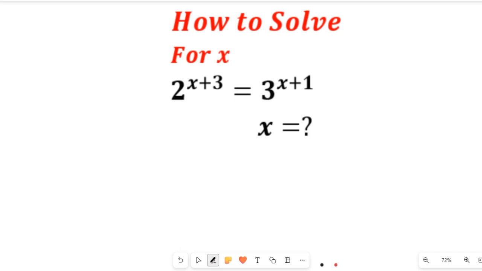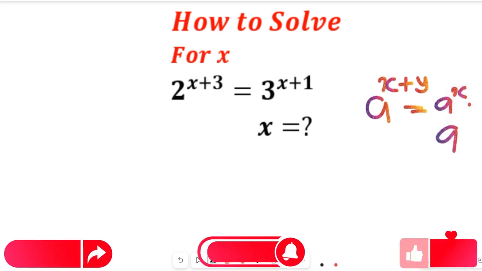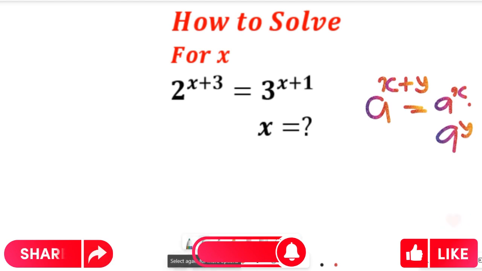Now, the law of indices, we are given that a to the power of x plus y can be equal to a to the power of x multiplied by a to the power of y. We all know this. So if we apply that law, this will expand and this likewise will expand.